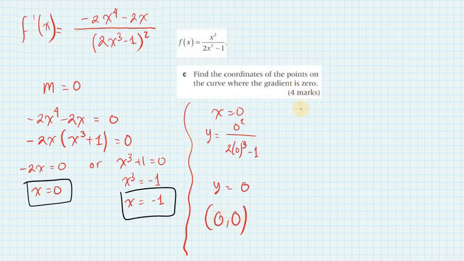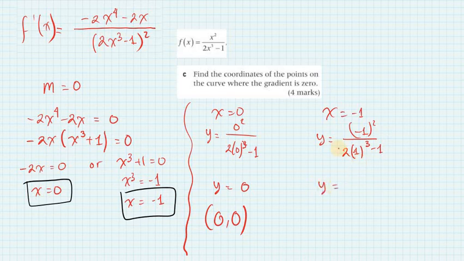That's the first point. The second point, when x is negative 1, we will have y equals negative 1 squared divided by 2 times negative 1 to the power of 3 minus 1.